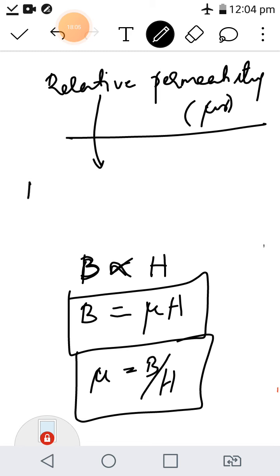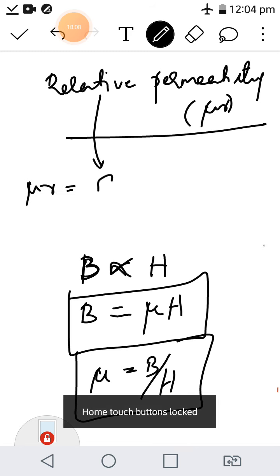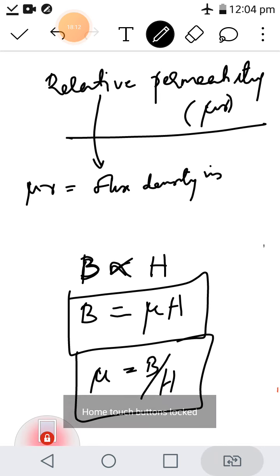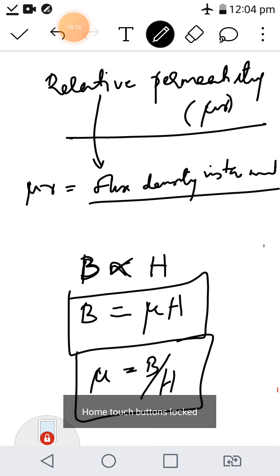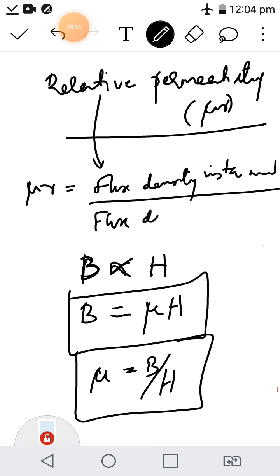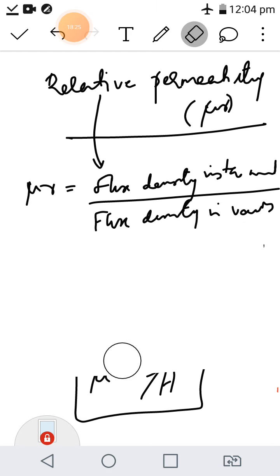So mu r, the definition, is flux density in the medium divided by flux density in vacuum.